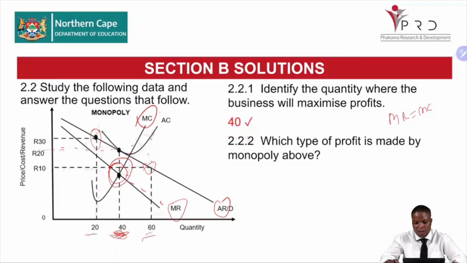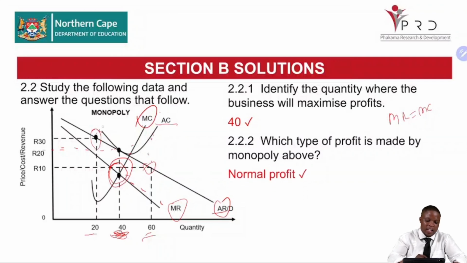Which type of profit is made here? Grade 12s, on our examination guideline, for monopoly we don't have a graph where they are making a normal profit. However, when you look at this one, there is a normal profit. It is possible. So you look at this, AR is equal to AC, and they're both touching here. You know that it's a normal profit. If the AC was inside, it was going to be economic profit.